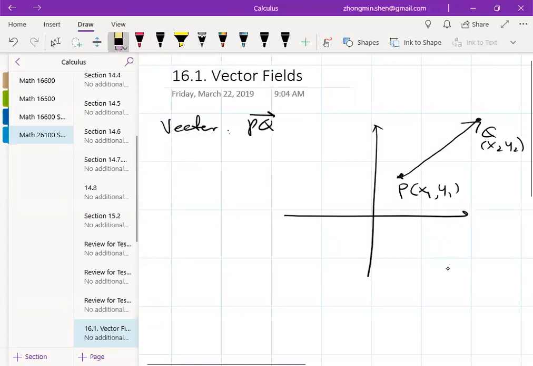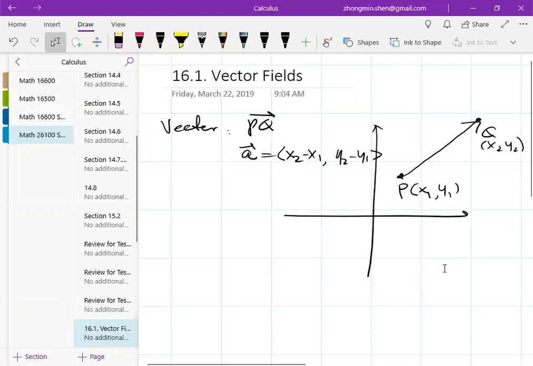Sometimes it can be described by another notation, called A. This is going to be x2 minus x1, y2 minus y1.